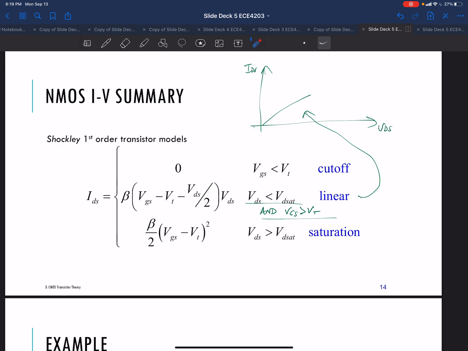And then once you get past a certain point, VDS is larger than VDSat, and VGS is larger than VT. So both of these, the transistor has to be on, so this has to be true. And VDSat is VGS minus VT. Then you get this flattening of the curve. So we end up here.